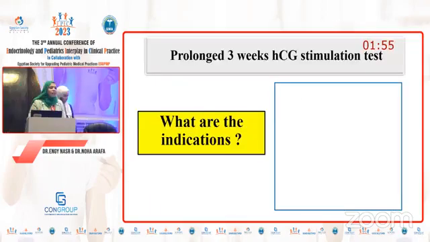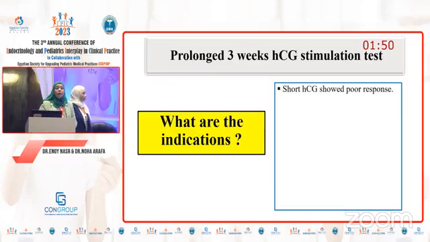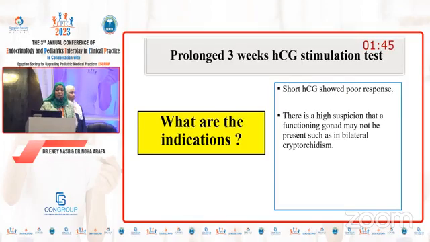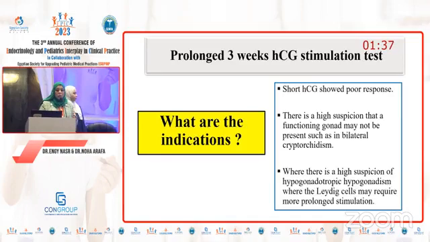What are the indications of the prolonged 3 weeks stimulation test? The first indication is the poor response to the short HCG stimulation. If we have a suspicion of absent gonads, especially in patients with abdominal or undetected gonads, and if we have a high suspicion of gonadotrophic hypogonadism, in which the Leydig cells need a more prolonged stimulation to respond.